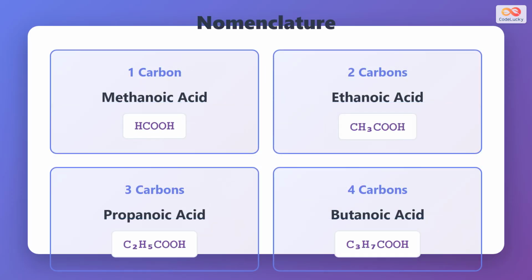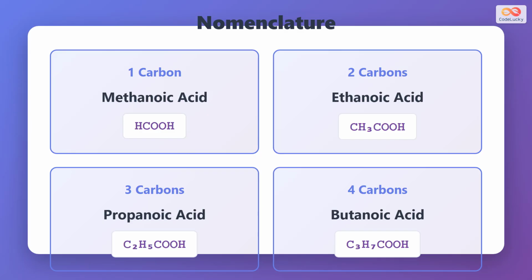Naming carboxylic acids follows a systematic pattern based on the number of carbon atoms in the molecule. A one-carbon carboxylic acid, HCOOH, is called methanoic acid. A two-carbon acid, CH3COOH, is called ethanoic acid. A three-carbon acid, C2H5COOH, is named propanoic acid.